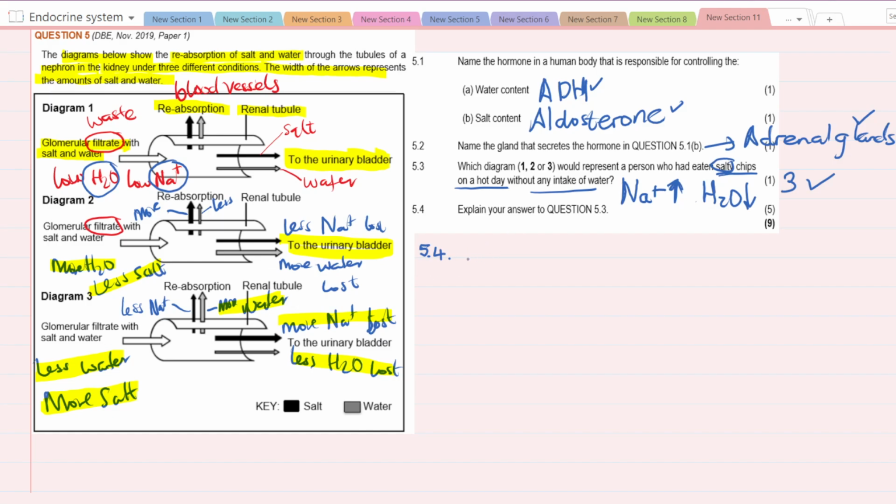So in this one I'm going to say that in the filtrate there is less salt.